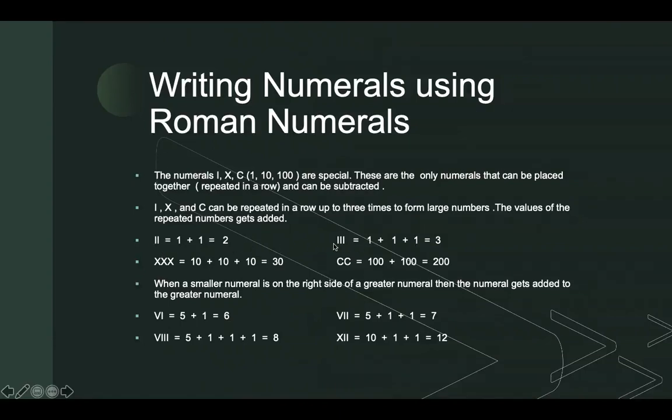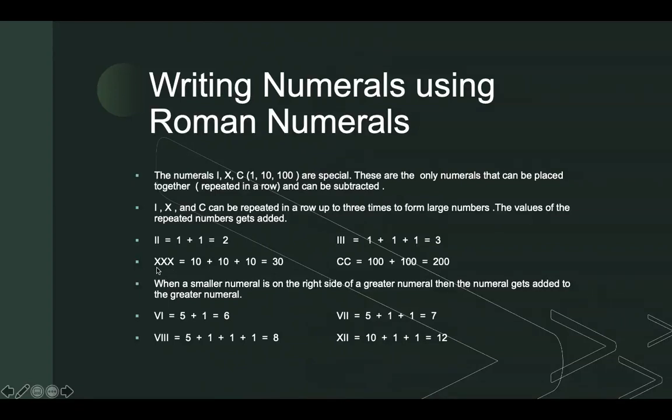Next example is III. What is the value of this Roman numeral? See, as I is written 3 times, we will add 1 three times and we get 3. So the value of this Roman numeral is 3. Next example is XXX.